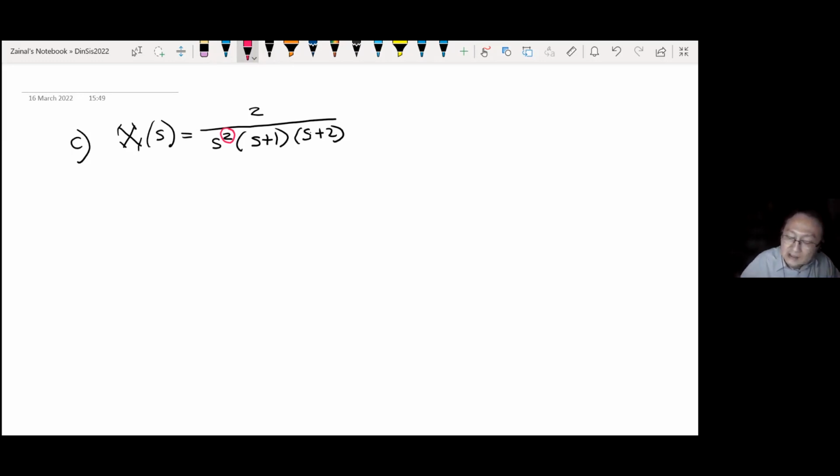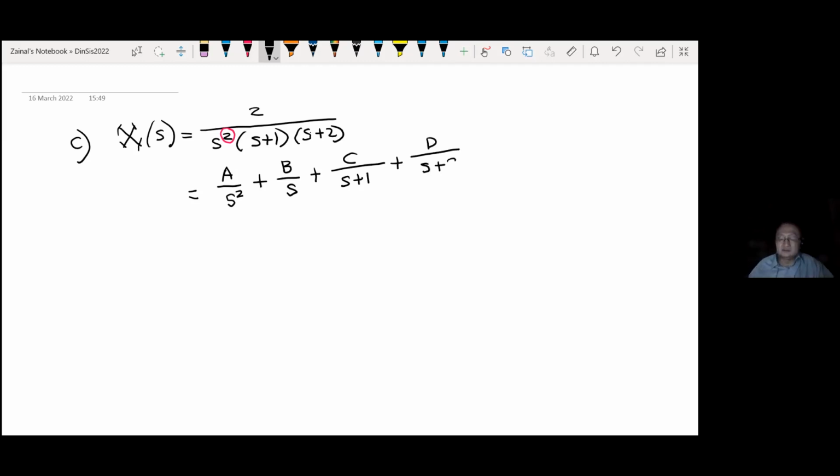So what we can use is something like this: A/S squared plus B/S plus C/(S plus 1) plus D/(S plus 2). You can use the identity method for this one.